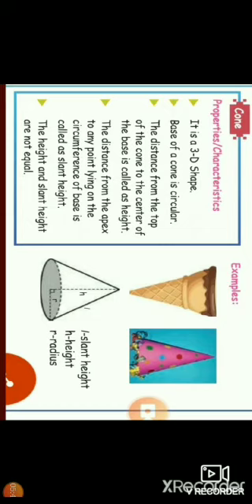The distance from the apex to any point on the circumference of the base is called the slant height. The height and slant height are not equal: the center dotted line and the slanting side are not equal, so they are measured in different ways.